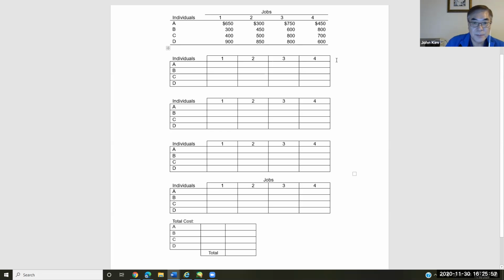So first step, subtract the smallest number in each row. This row is 300, so 300 and 300, and the next row the smallest is 400, and then this row 600.